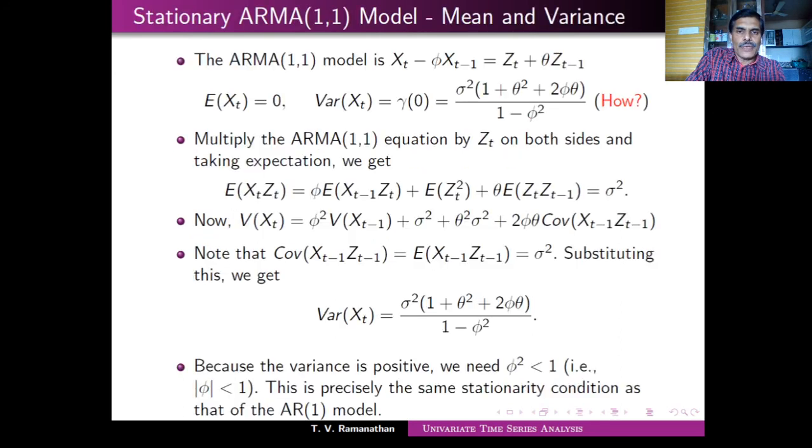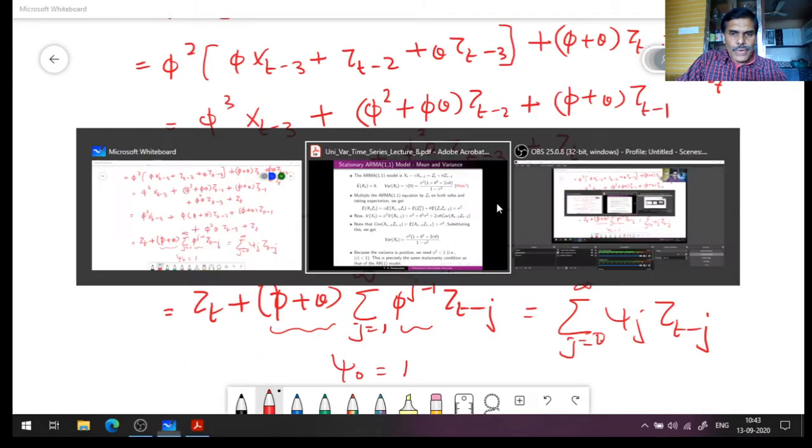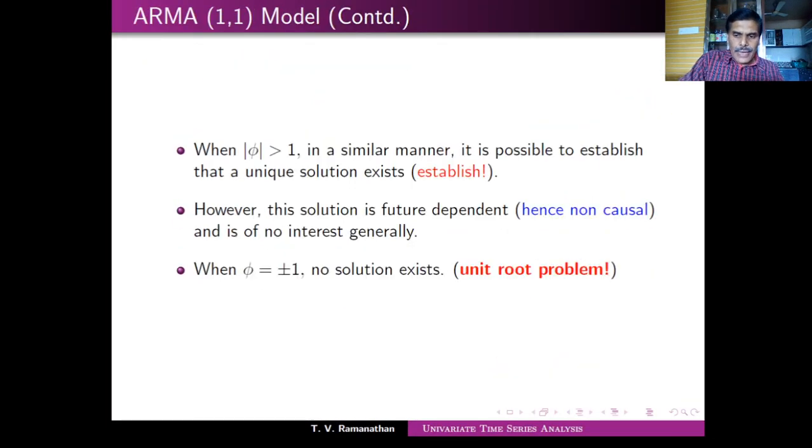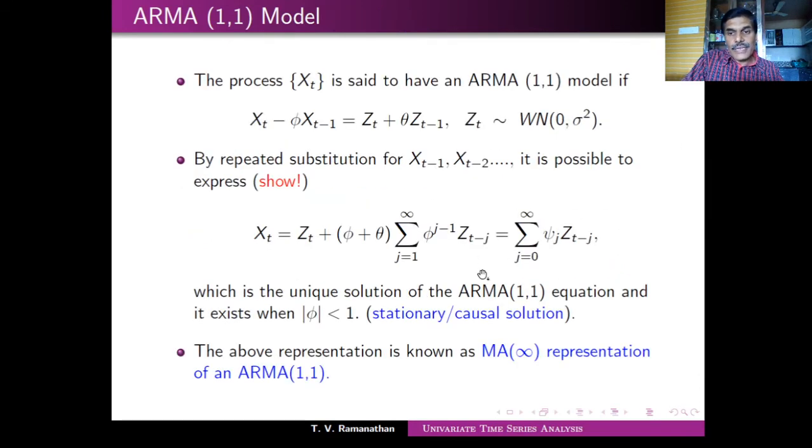Let's now start computing the mean and variance of this ARMA 1-1. What is the mean and variance of this ARMA 1-1? Now I assume that it is stationary, because that's very important to compute the mean and variance. Because if you're not assuming stationarity, then you may have to actually go back and start working on this infinite sum for the mean and variance.